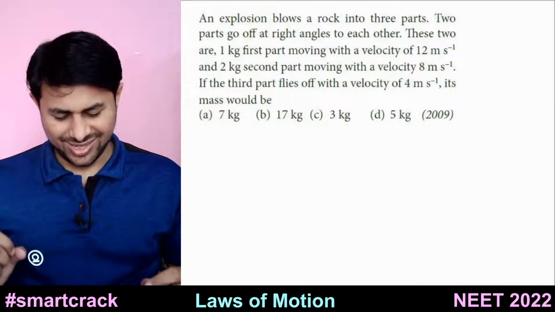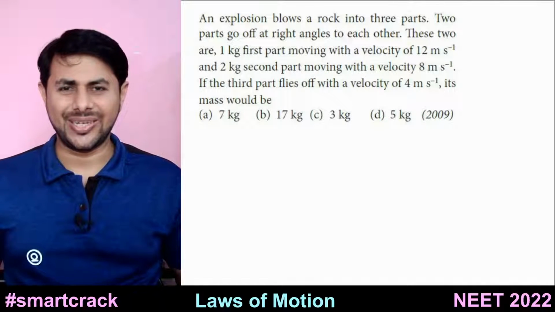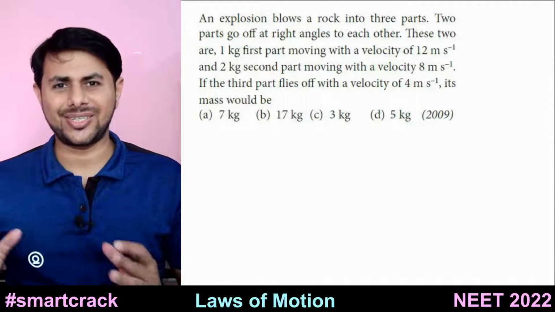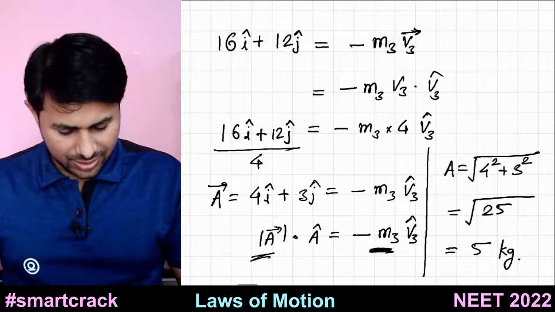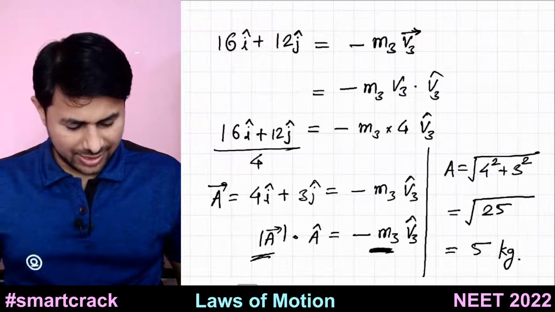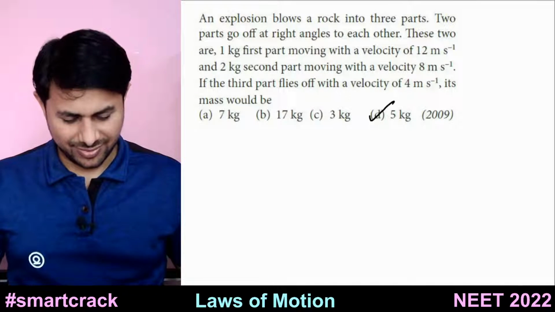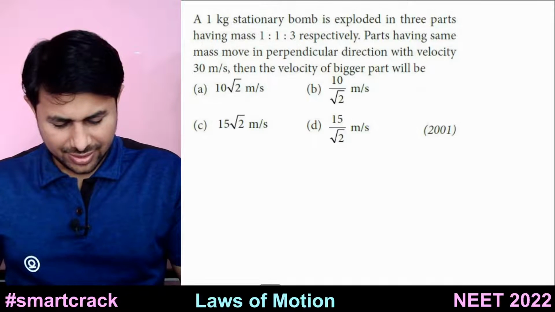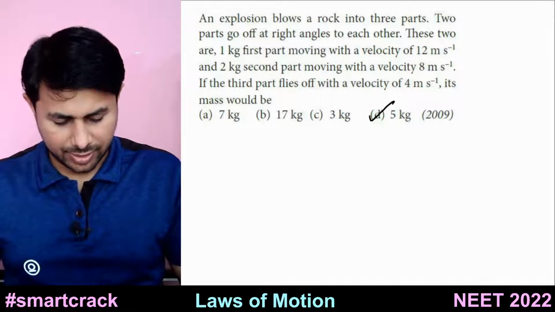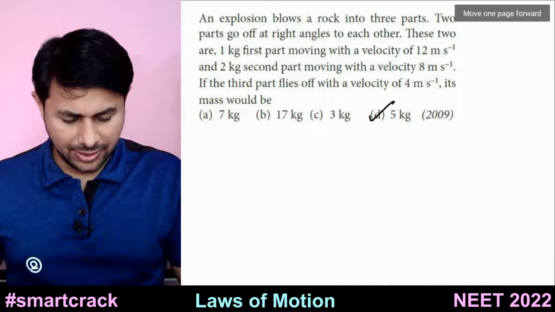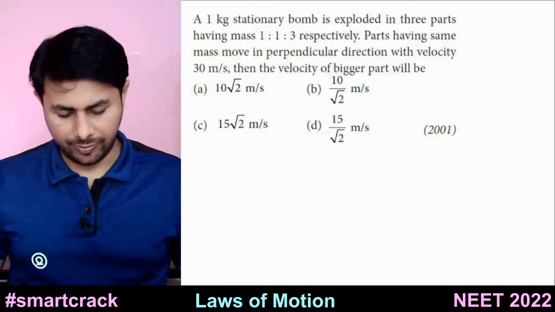This is a repeated problem, and the values of all the quantities are also identical. So the mass is 5 kg, and option D is the answer. It's exactly the same as the last problem, repeated in 2009 and NEET 2016.